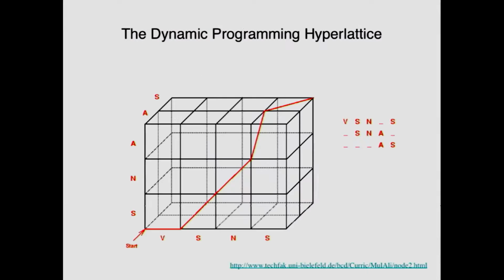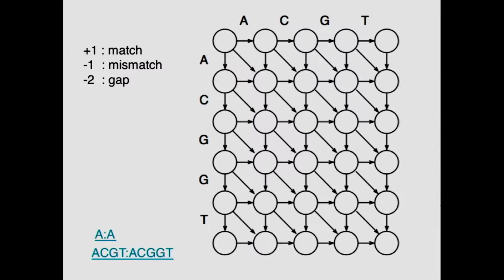If I jump back real fast to this, if I knew that these sequences could be aligned without putting in any gaps, it would be really easy to figure out the best alignment. It's either this one, or this one, or this one. It's just going down the diagonal. So the reason I have to worry about the area instead of just looking at a line of nodes, something which is linear, is because I'm going to put in gaps.